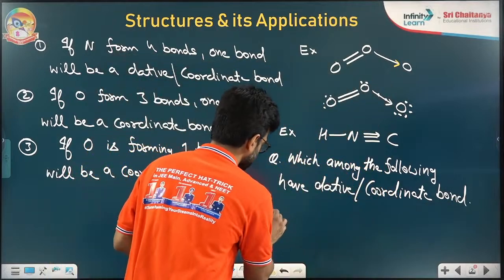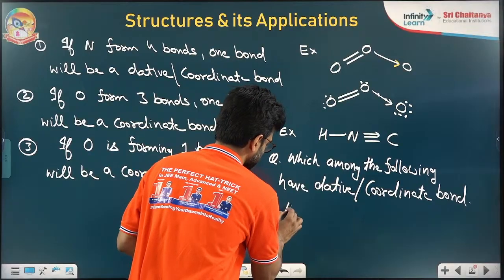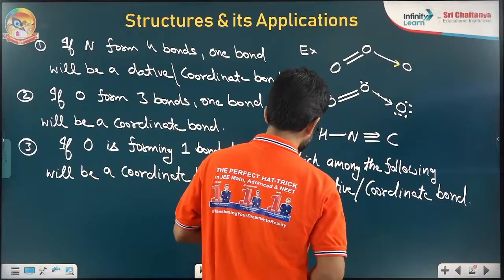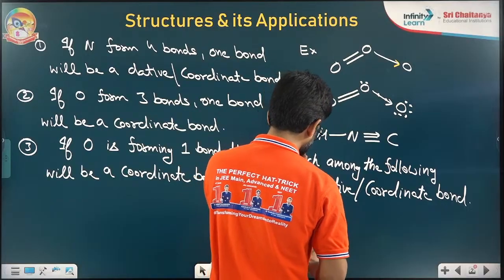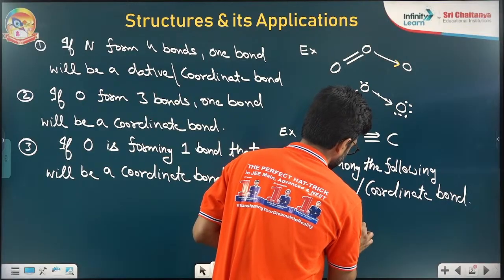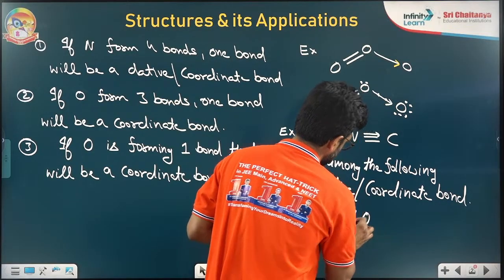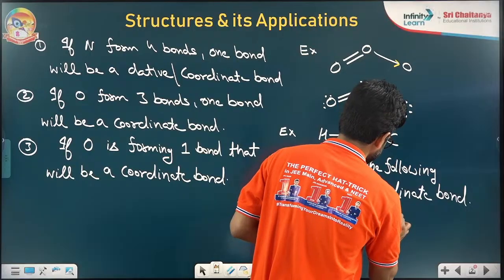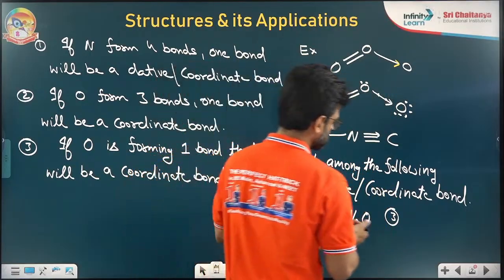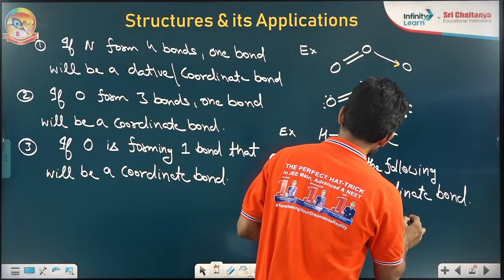So one of the things I am writing here, imagine we are having HCN, right? And I am taking one example here, you are having N2 here, right? Or third, imagine we are having O3 here, right?